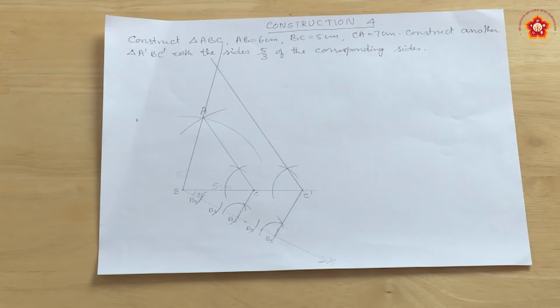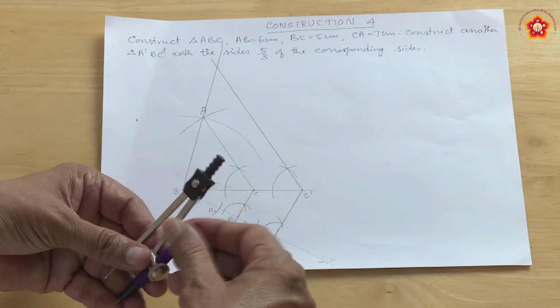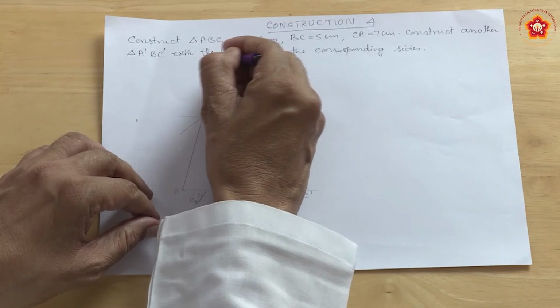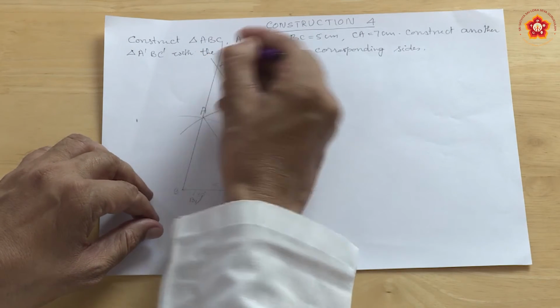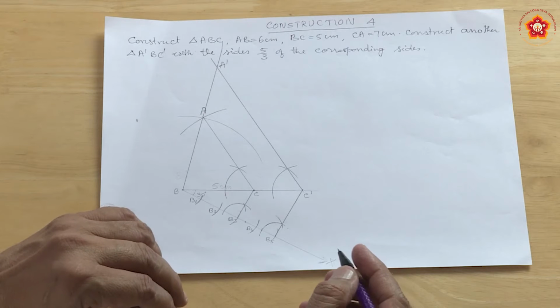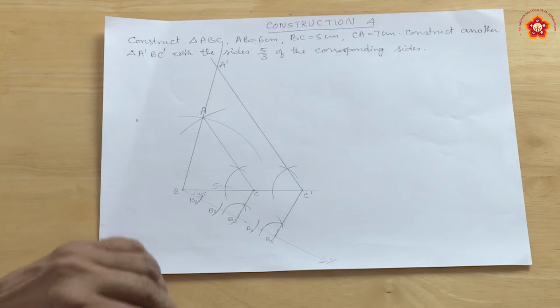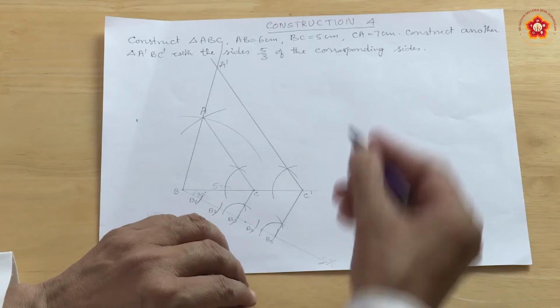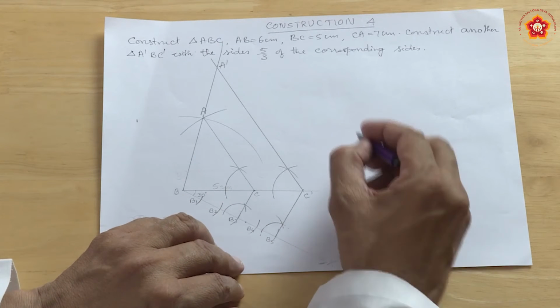So, you name it as A dash. Now, A dash B C dash is the required triangle. Suppose you write the ratio.